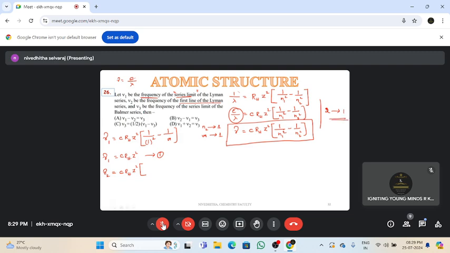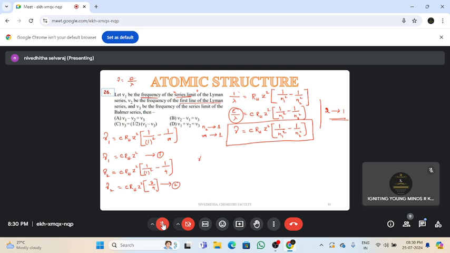This is the first line of Lyman series. So what is the value of n1? 1, so 1 square. And what is the value of n2? It is 2, so 2 square, 4. So nu2 is equal to c into Rydberg constant into Z square into 1 minus 1 by 4, which is 3 by 4. This is equation 2.